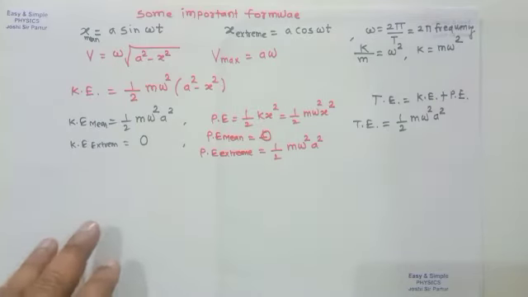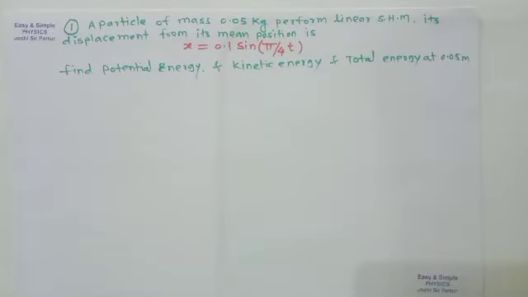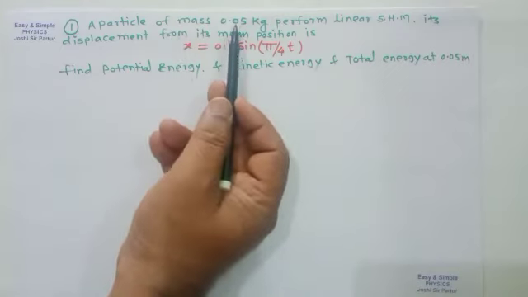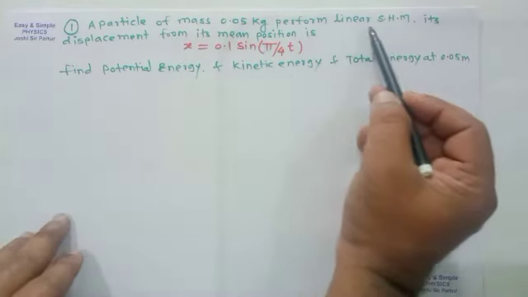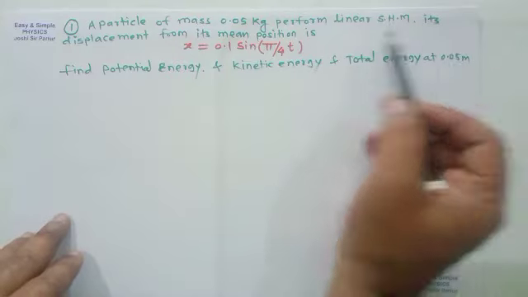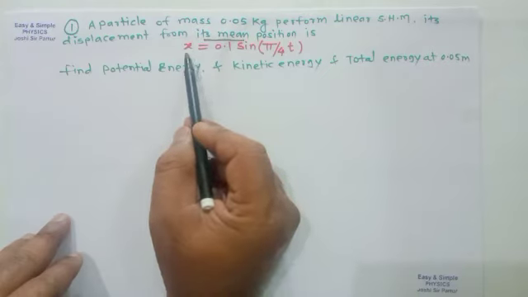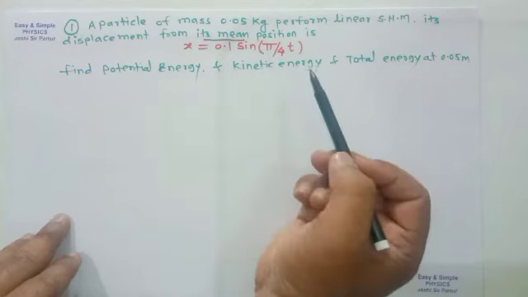Using this formula, first we want to solve an example. That example is: a particle of mass 0.05 kilogram performs linear simple harmonic motion. Its displacement from its mean position is x equal to 0.1 sine pi upon 4 into t.